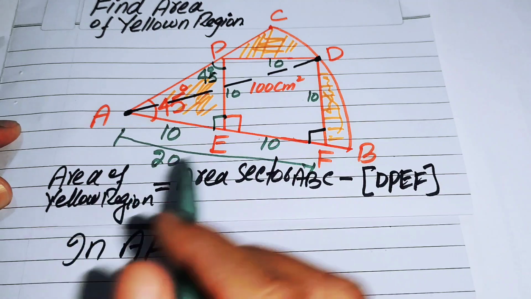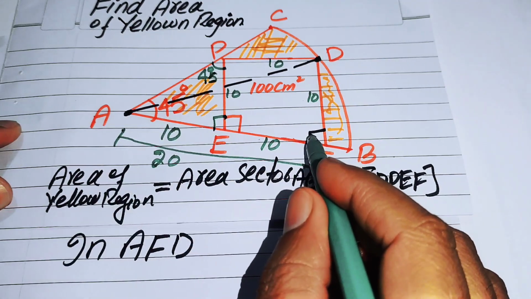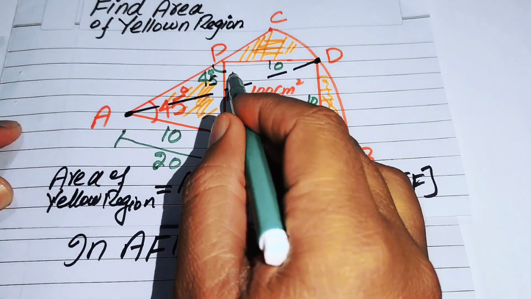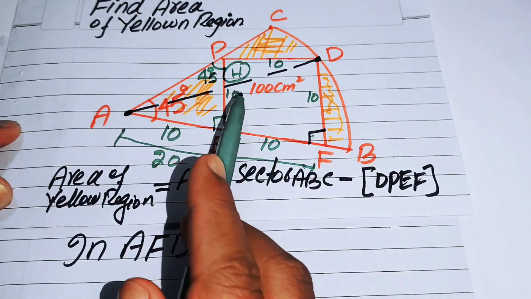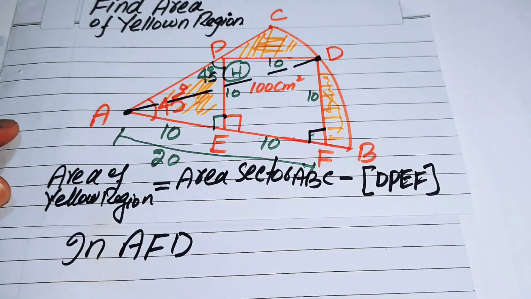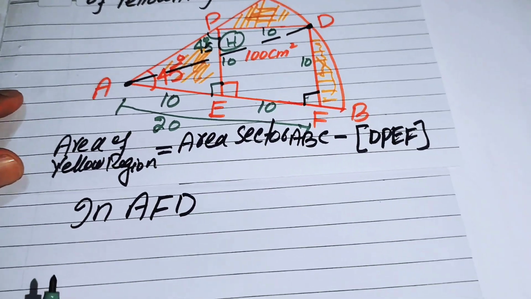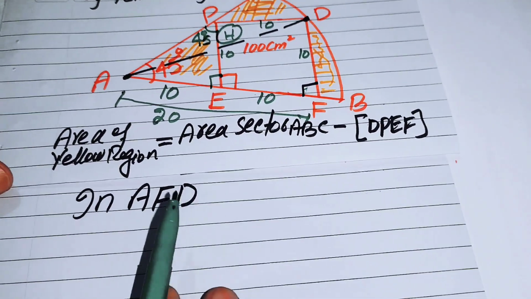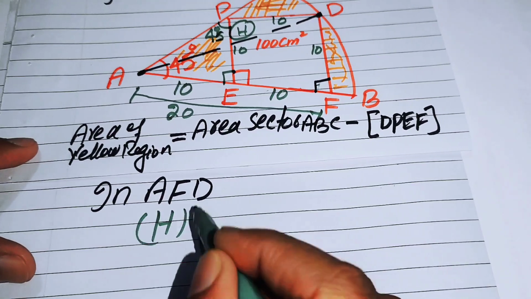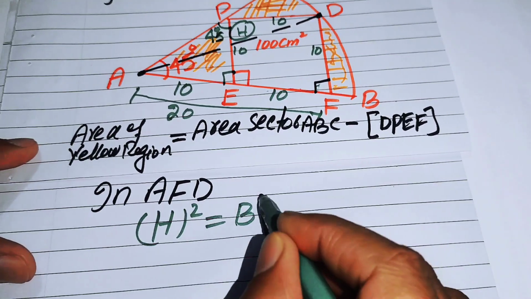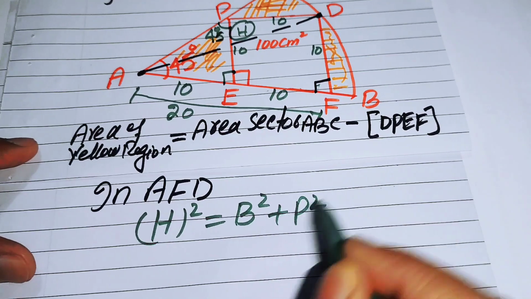You can see here this is the angle 90, and the opposite side of this angle is known as the hypotenuse. So here we just find this hypotenuse. In order to find it, we can use the nice Pythagoras theorem: hypotenuse square equals base square plus perpendicular square.